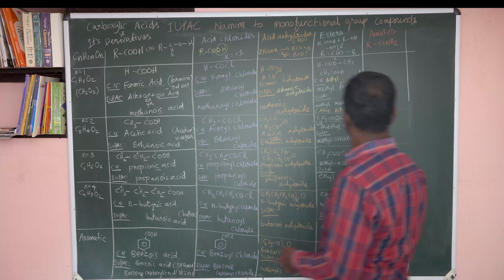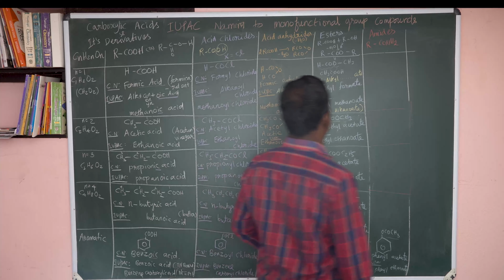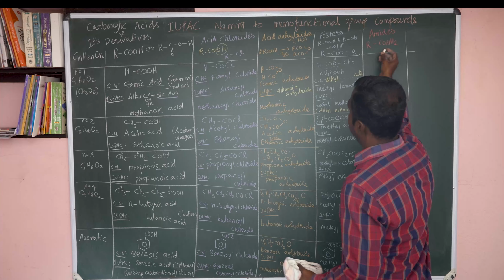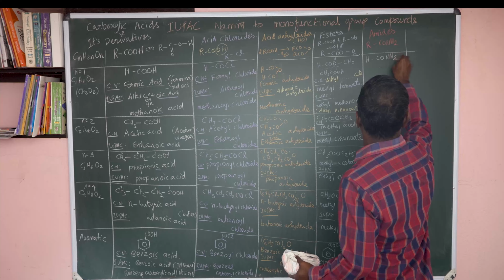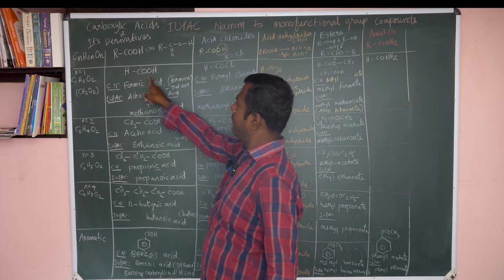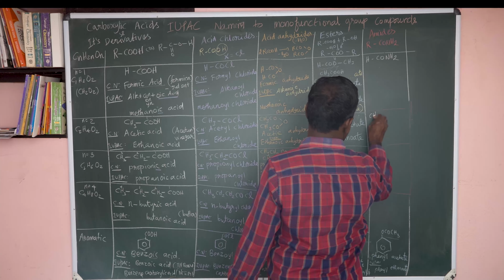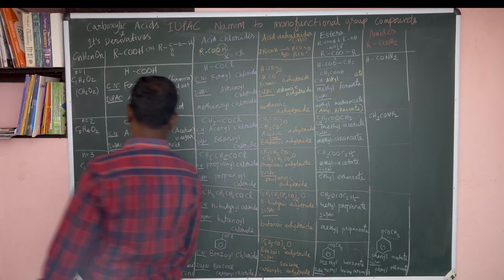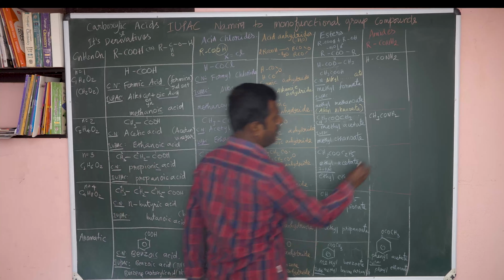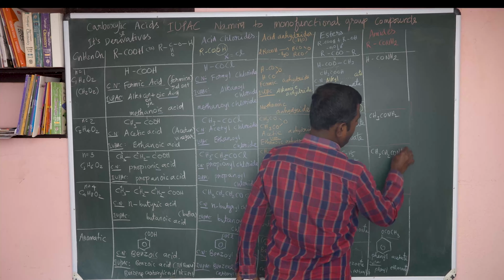So amides. The very first amide, from formic acid HCOOH, is HCONH2. And from acetic acid, the amide is CH3CONH2. And from propionic acid, the 3-carbon amide, CH3CH2CONH2.